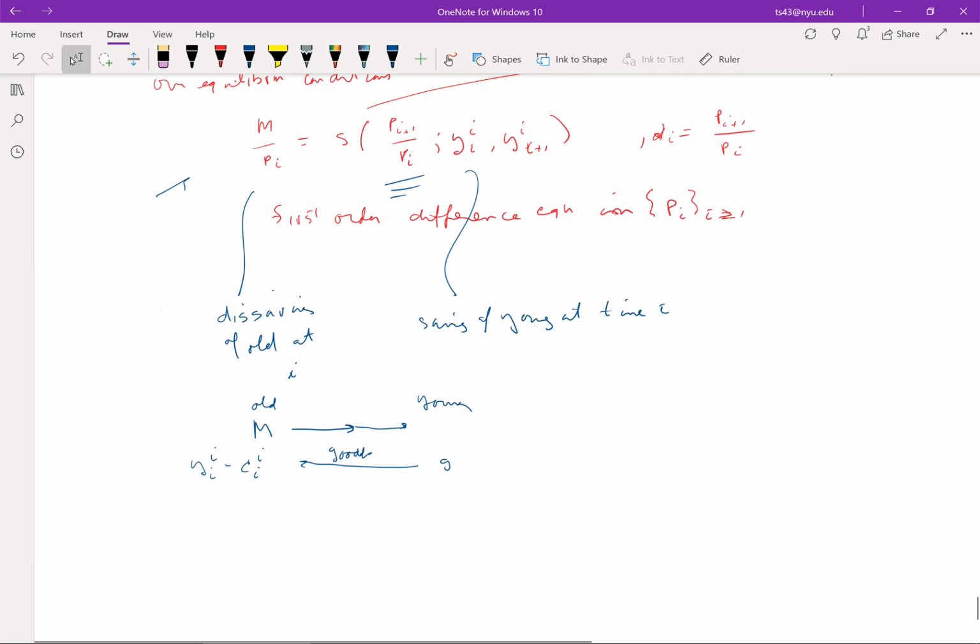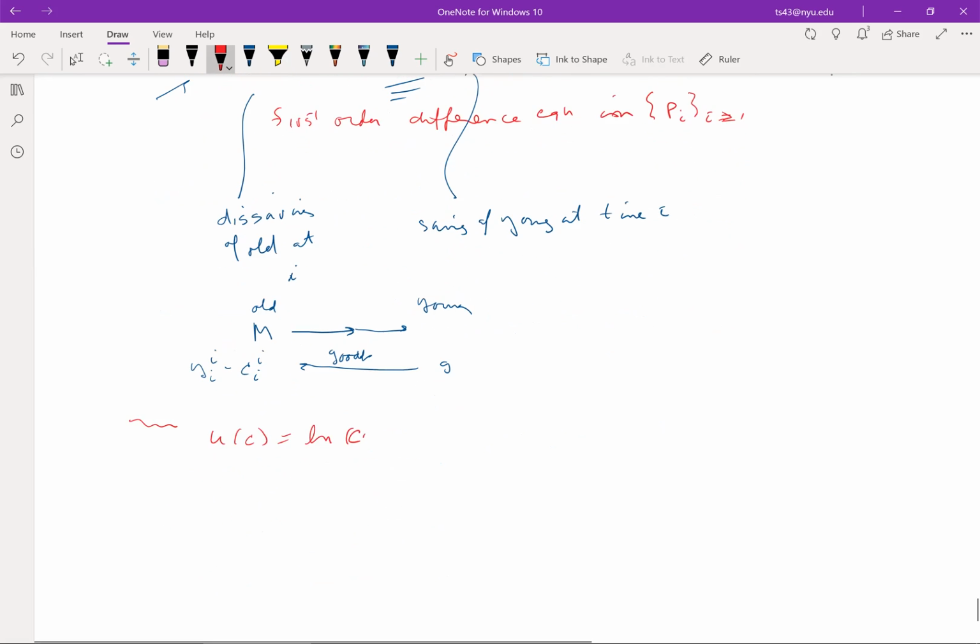So here's something fun to work out. Suppose that u of c is equal to log of c. Then a simple calculation will show this, and so let me write preferences. I'm going to write y_t, y_{t+1} as your endowment when you're young and your endowment when you're old, W1 and W2.